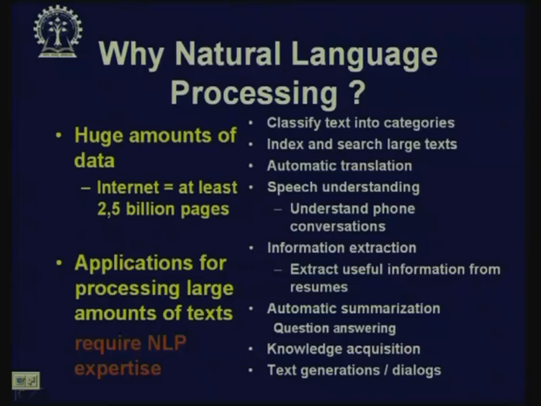Indexing and searching large texts. We need to search the texts, and another very important application is automatic translation. We live in a multilingual world. So, if you consider the Indian scenario, it is not the fact that all the Indians, especially those who are deprived of good school education, understand English.